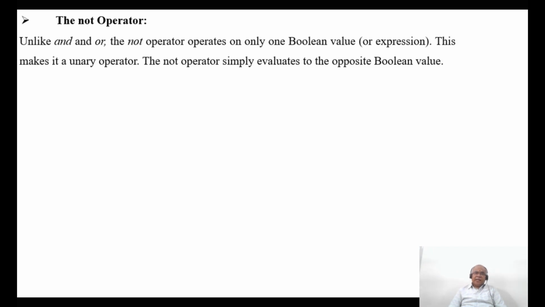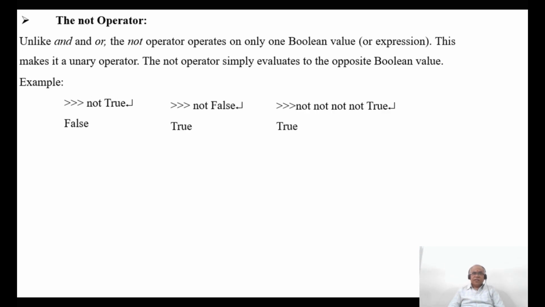Then the NOT operator. Unlike AND and OR, the NOT operator operates on only one Boolean value or expression. This makes it a unary operator. The NOT operator simply evaluates to the opposite of the Boolean value. So not true is false, not false is true. Not true, what does it mean?